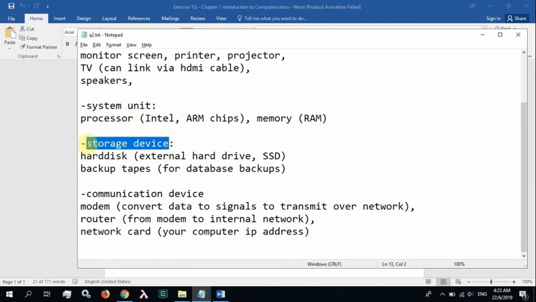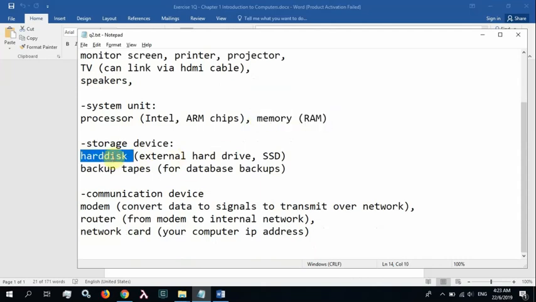Okay, and then storage device, once you have already processed it, you want to store somewhere as a permanent location so that you can retrieve the data from there. There's a difference between this memory here and the hard disk here.